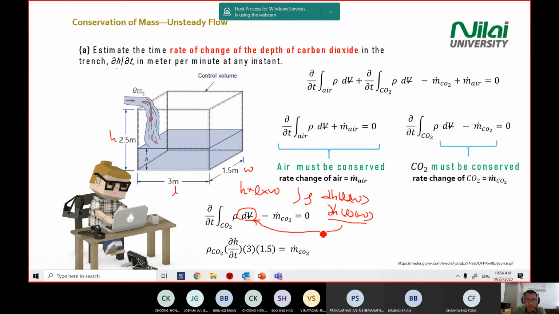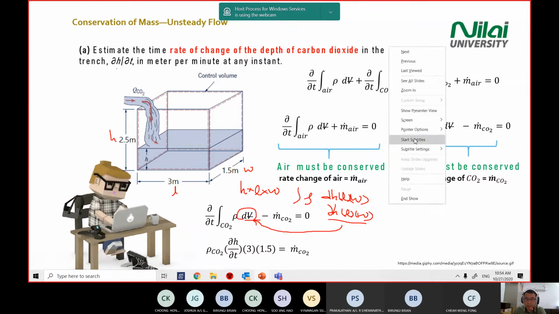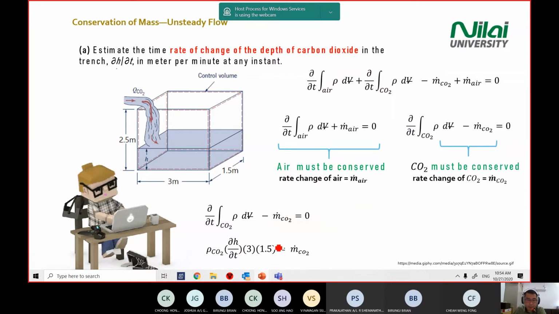You rearrange, then you get this relationship: density CO2 del h over del t, 3 times 1.5 meter equals m dot CO2. So this one, we just move to the left hand side, and this was given in the statement.